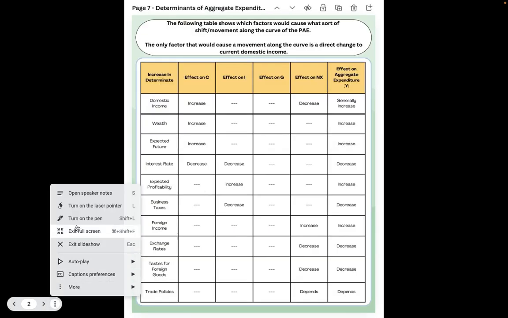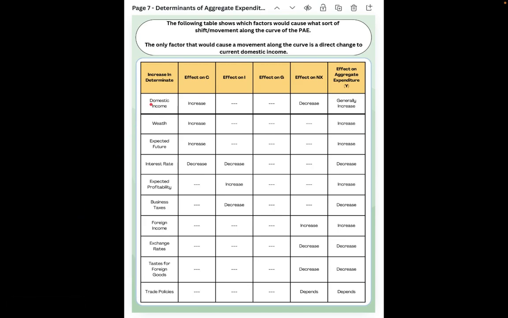This next section is a graph which shows which factors would cause what sort of shift or movement along the curve of the PAE. The only factor that would cause a movement along the curve is a direct change to current domestic income. As you can see in this red box here, this is domestic income. This is the only box in the entire table that causes a movement along the curve.